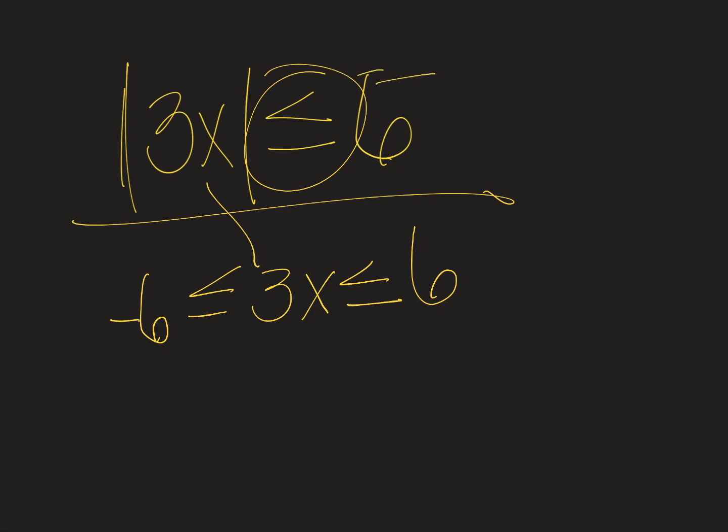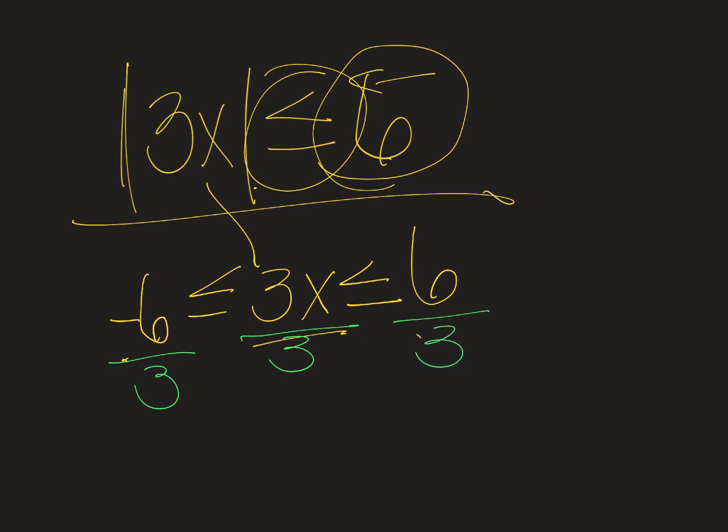When you have a less than symbol with an absolute value, you're going to take off the absolute value signs and put it in the center of your compound inequality. Then the number on the other side, you're going to write as negative and then as positive. And then you're going to solve. Okay, girls? So I'm going to divide all three sides by positive 3. That's going to cancel, leaving me with x.